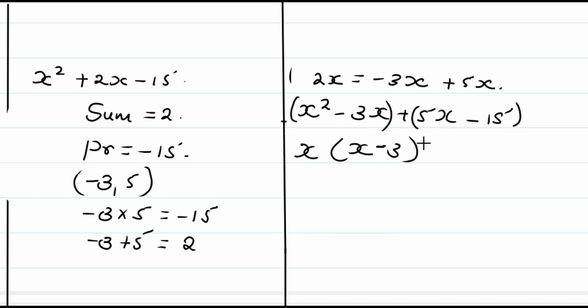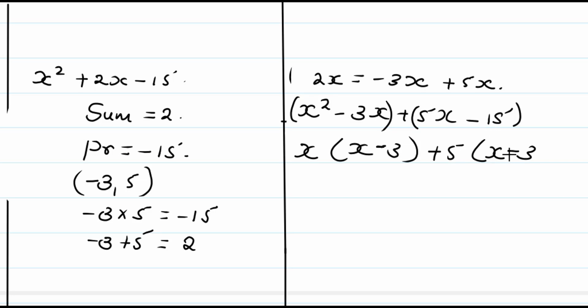Then plus, I take this 5 outside, because for 5x and 15, the common factor is 5, and then in brackets x, so that 5 multiplied by x will be 5x, then minus 3, because 5 multiplied by 3 would be 15, like that.